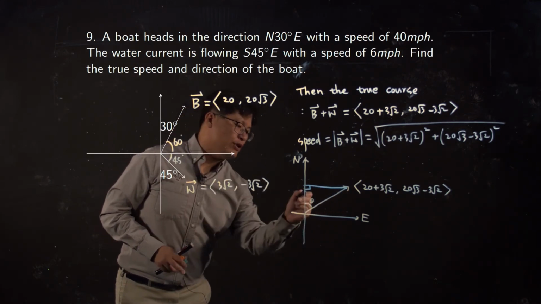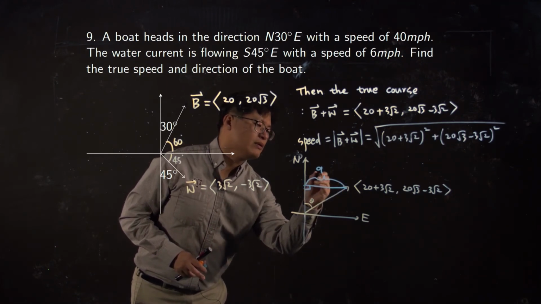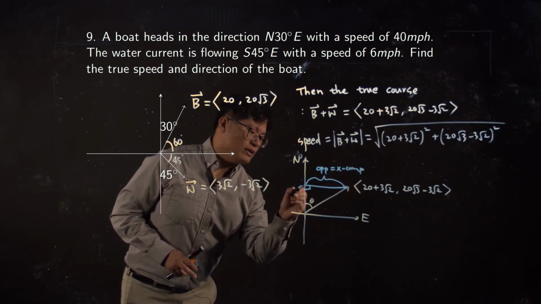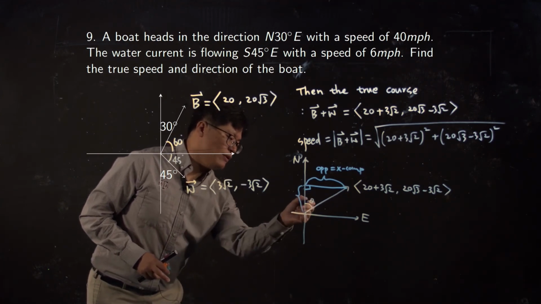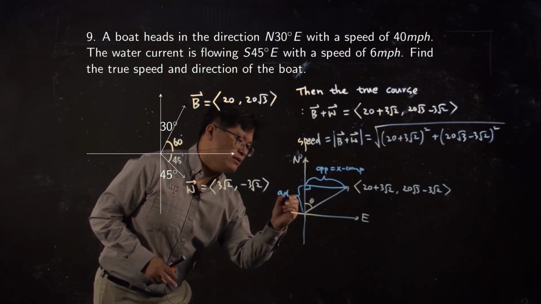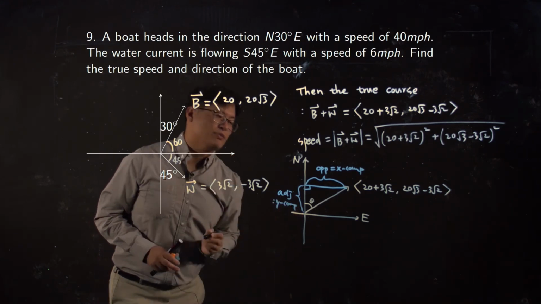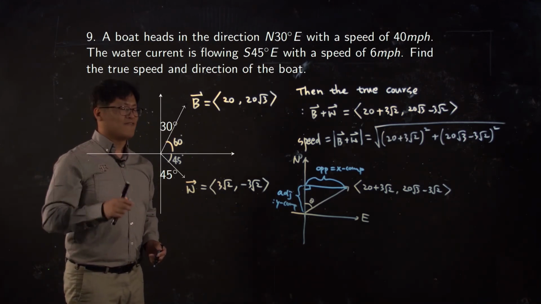For this angle theta, this side is the opposite, and keep in mind, that is the x component. What about this side? That is the adjacent of this angle, and that is exactly the y component. Does it make sense? Do you know why I'm doing it this way? Because I'm going to use the tangent function.